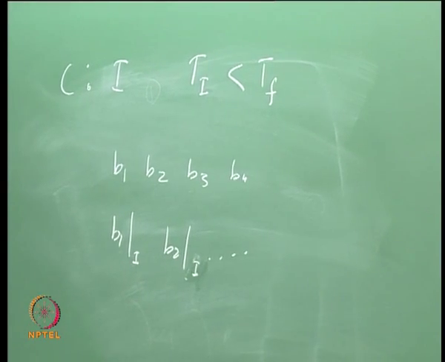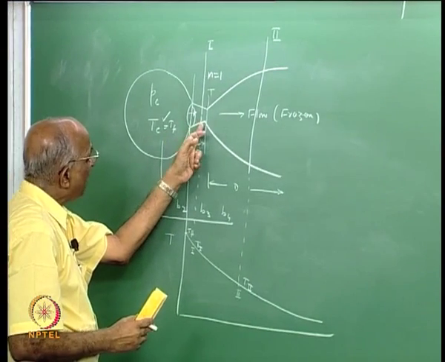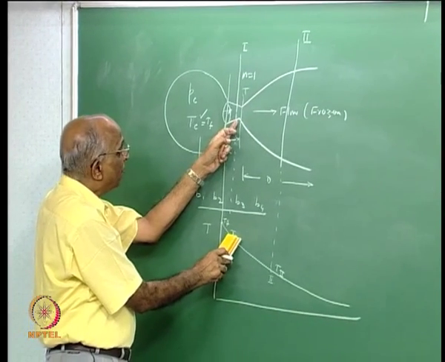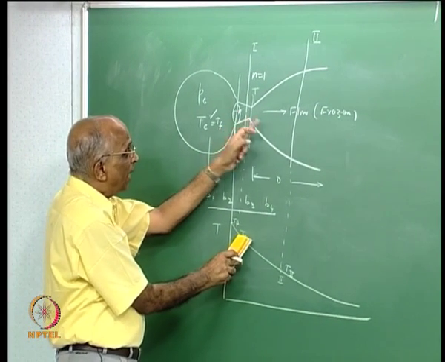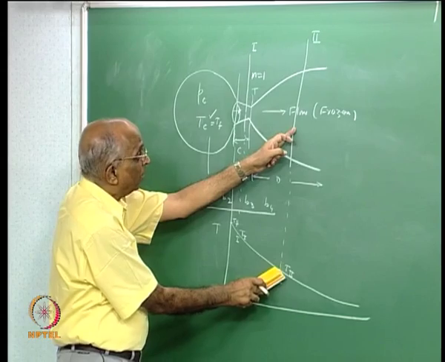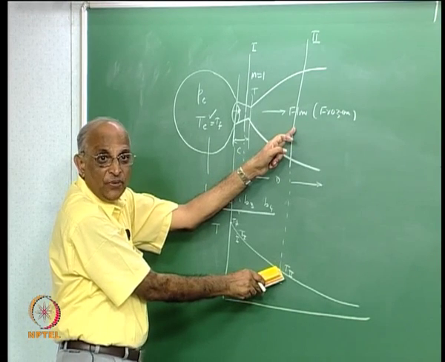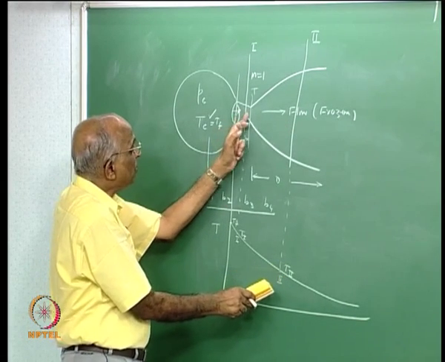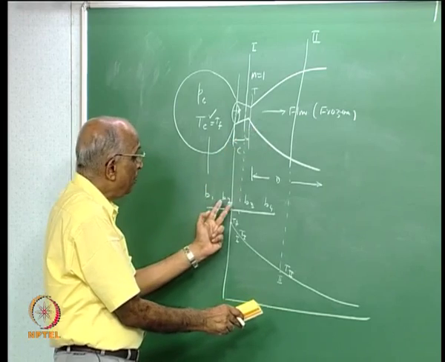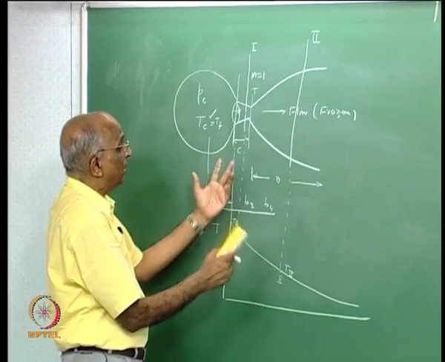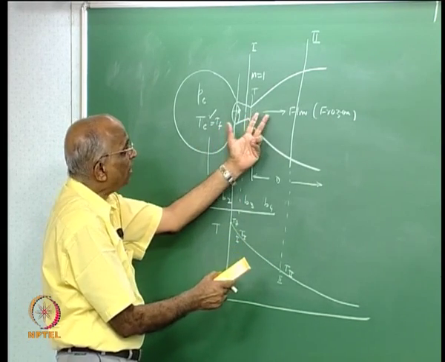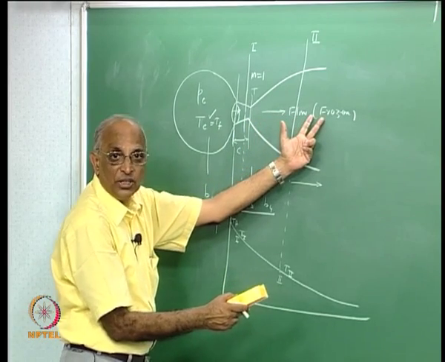In practice, as the temperature gets lowered, I will get a new composition here, and when it has expanded quite a bit maybe the composition will be totally different. In other words, the composition of the products B1, B2, B3, B4, whatever it be for a given reaction, will keep on changing as the flow takes place.